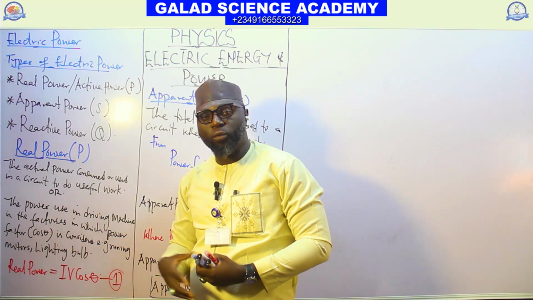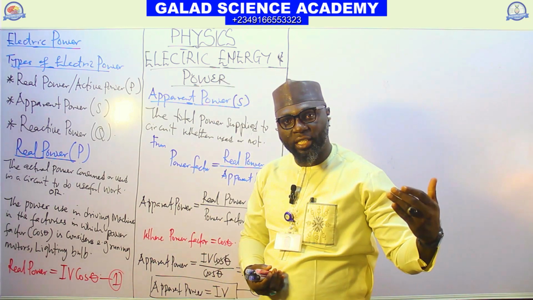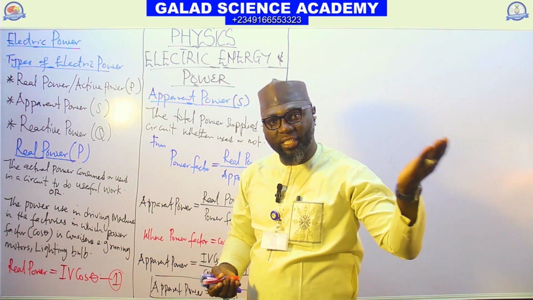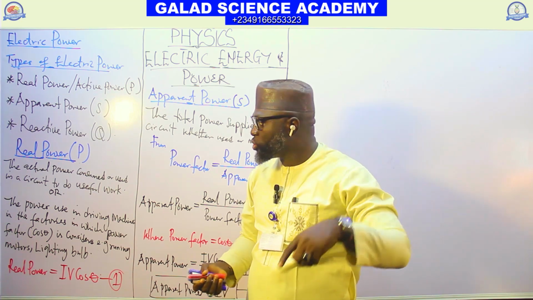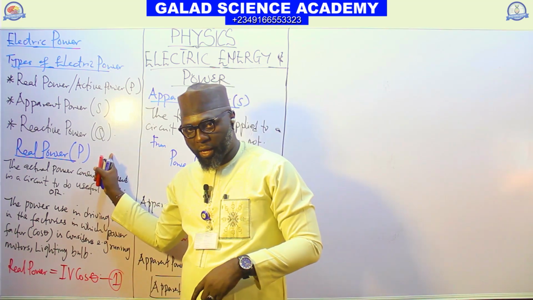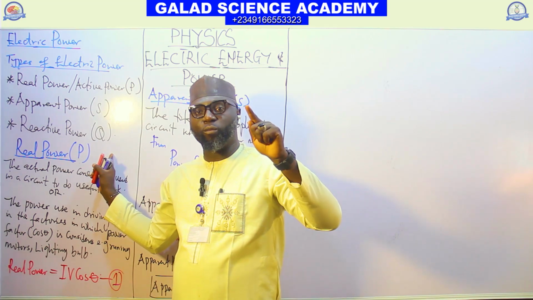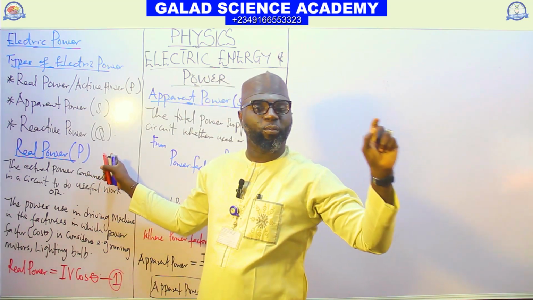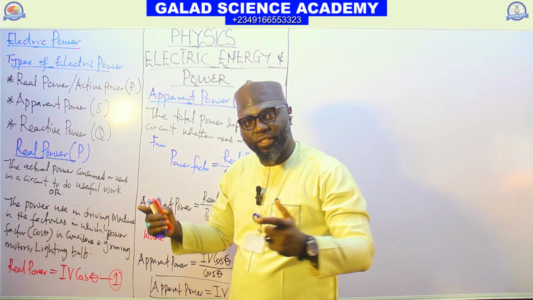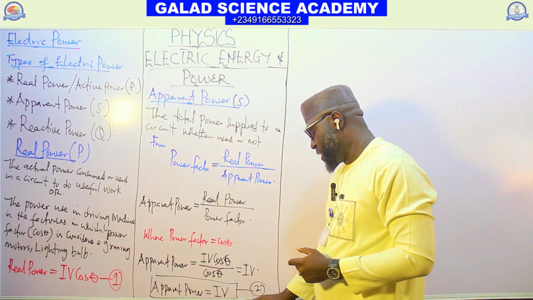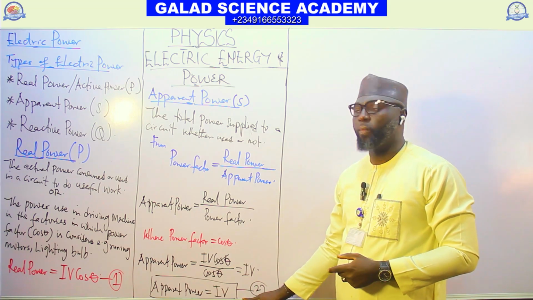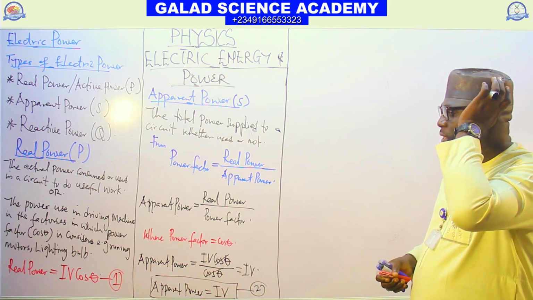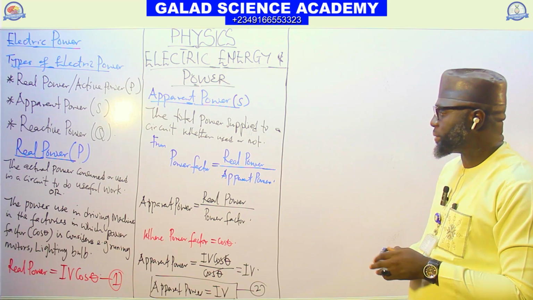The power consumed by the socket to supply the TV set, we call it real power. But if I now sum the power of the electric bulb, the one that supplies the fan, and the TV set, we call it apparent power.